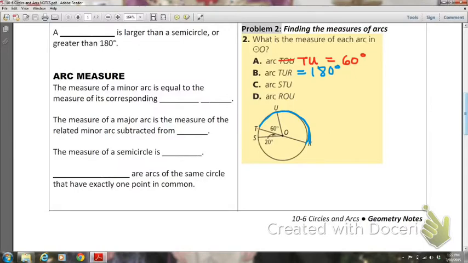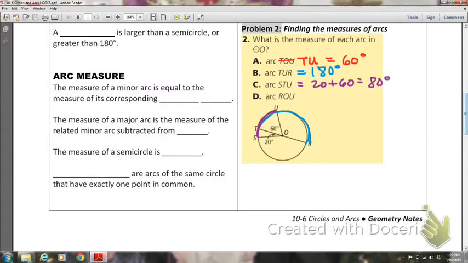STU, if you start with S and go through T and end at U, the measure of that arc is going to be 20 plus 60. So that's going to be an 80-degree arc.